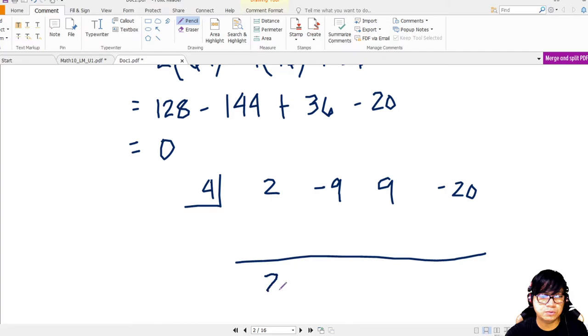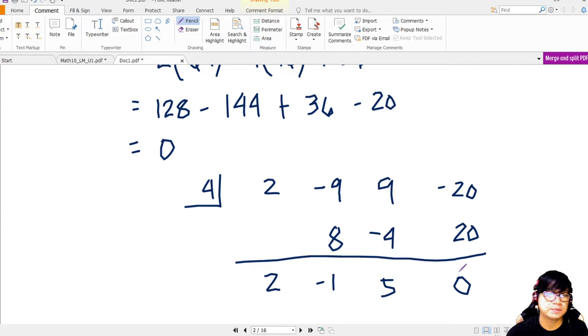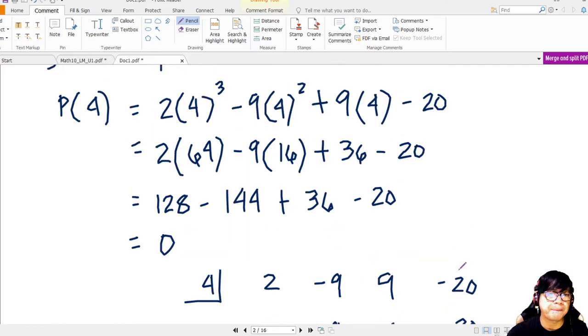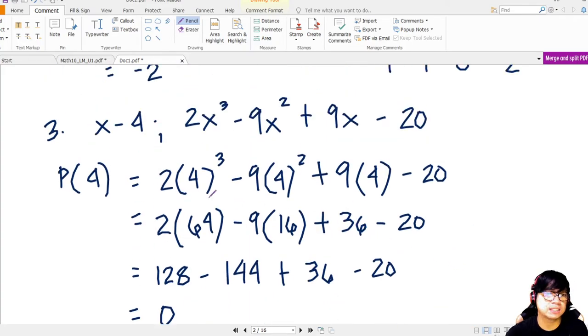Bring down 2, this is 8. Then negative 1, negative 4, 9 plus negative 4 is 5. 5 times 4 is 20. And negative 20 plus 20 is 0. So x minus 4 is a factor.